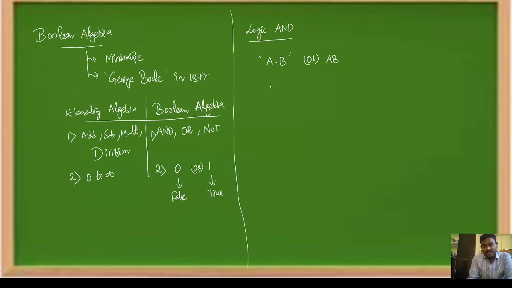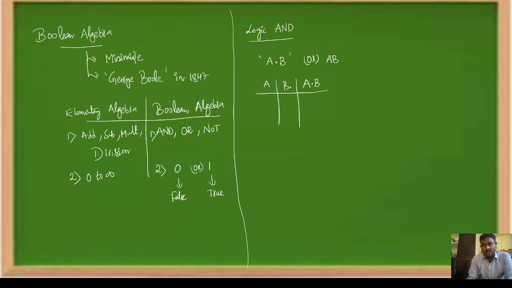Now let me show you a tabular column which gives us the output of the logical AND operation for various combinations of variables. If I consider two variables A and B, let me show you what the logical AND value is when I join these two with a dot.